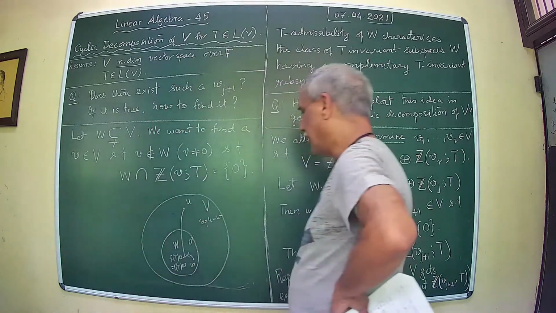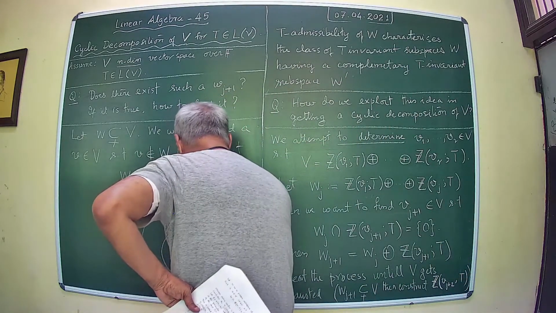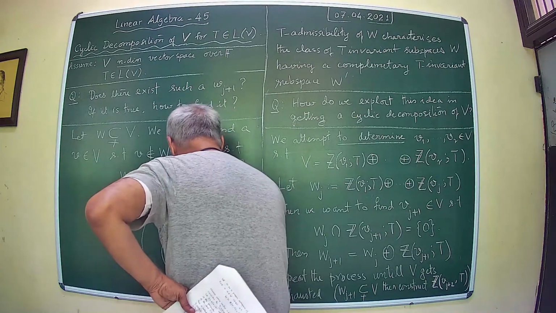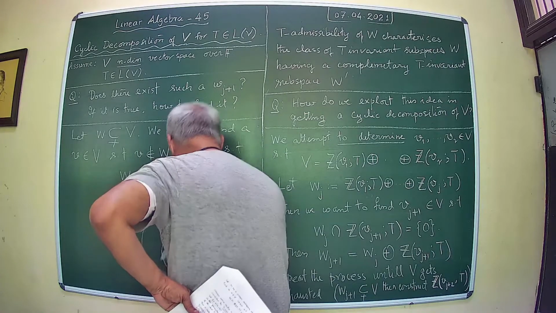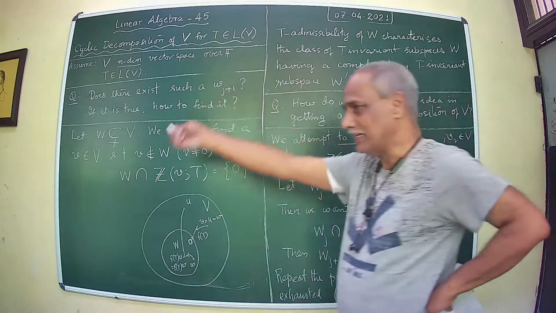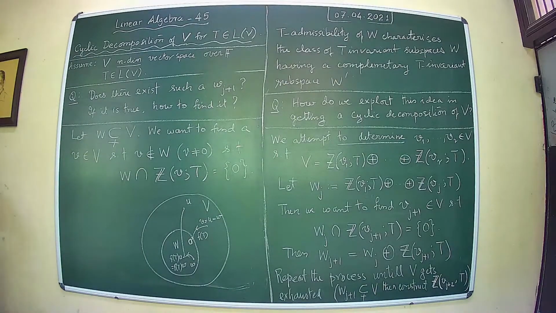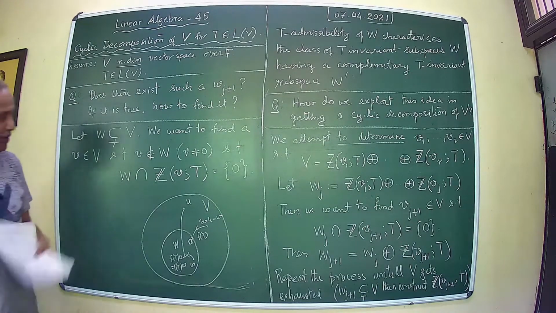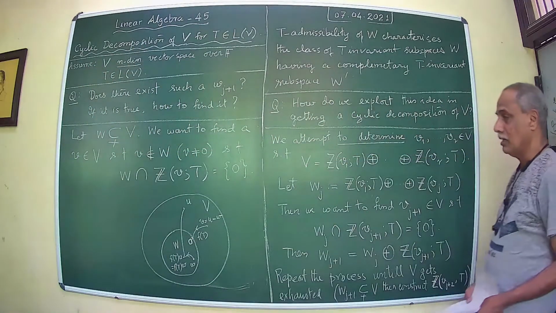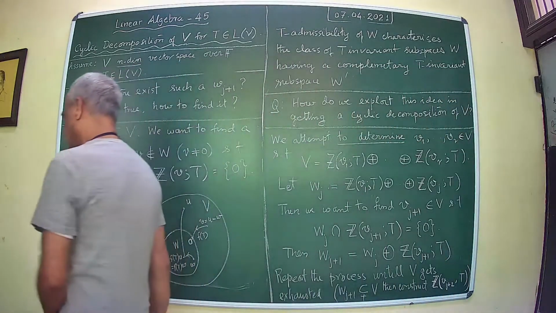Then f(T)V equals 0. Okay. So we got a vector outside the subspace which gets mapped to 0. This is how we manufacture it, and there we make use of the property of admissibility.